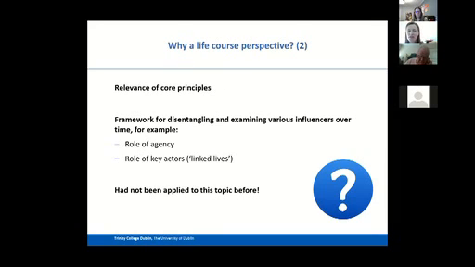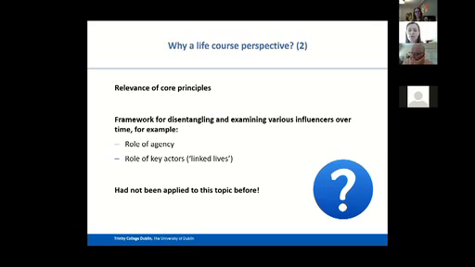Again, going back to the principles that Robbie mentioned, they're so relevant, I think, to the topic of education and care. Things like agency, the role of agency and how we shape our educational journeys, the role of other people in our educational journeys, and the notion that there's this diversity of trajectories in educational journeys.